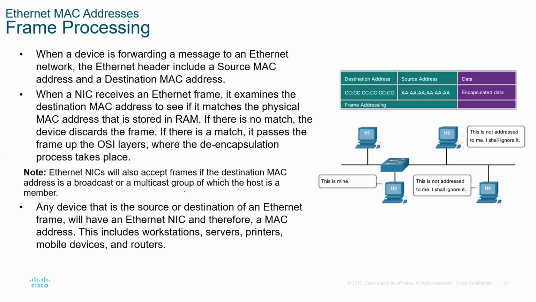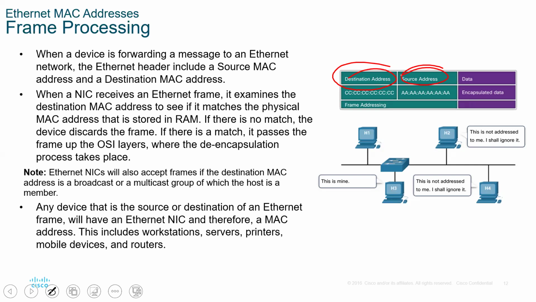And the idea of including the source and the destination is so that when the switch is processing that frame, when the switch is forwarding that frame, remember the switch is a forwarding device, it will be able to know the destination. So when a network interface card receives an Ethernet frame, it examines the destination MAC address to see if it matches the physical MAC address that is stored in the RAM.